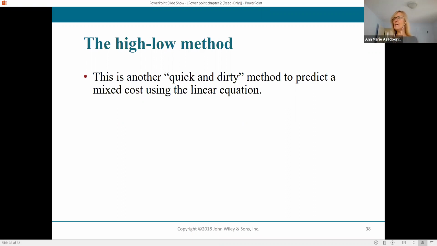The thing about the high-low method, again, not too scientific, but basically what you're going to say is, based on all of that same data that we just looked at, I don't care about all of the data from over the past year, right? We've kept track of the data month by month. When you're using the high-low method, all you care about is the highest point and the lowest point from all of that data. And then you're going to say the cost will behave like that straight line.